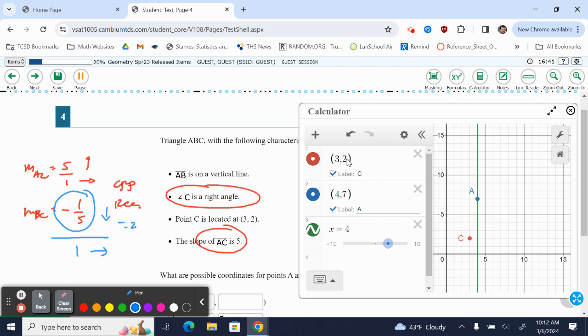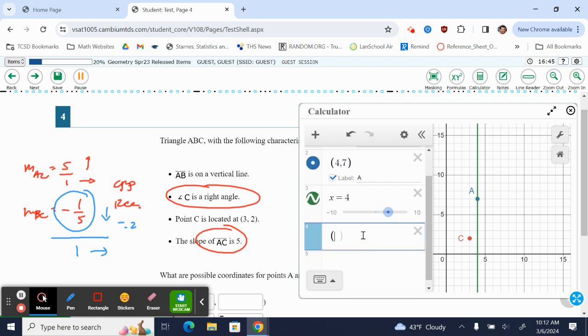If I go down 0.2, I would be at a y coordinate of 1.8, right? That's going down. And if I go to the right 1, so down 1/5 and right 1, I'd be at the point 4, 1.8. And that's where B could be.